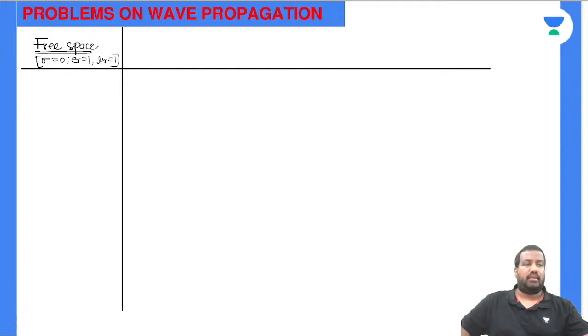Then we also calculated it for perfect dielectric, nothing but an insulator kind of a thing. Sigma is 0. Epsilon r is greater than 1. Mu r is greater than 1.